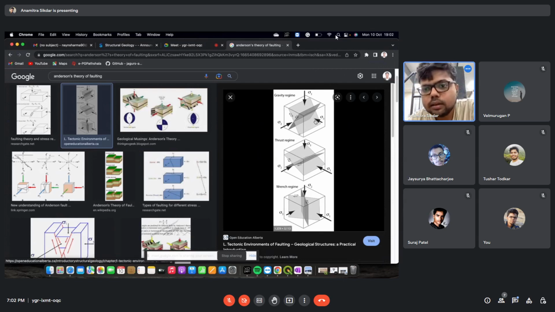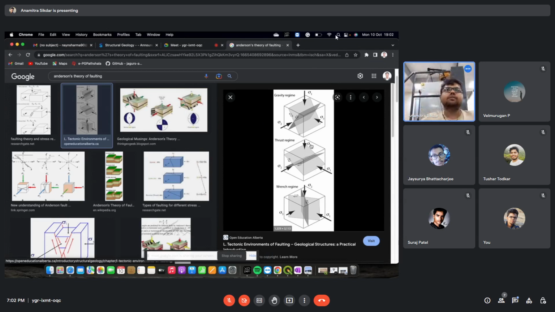right? So in case of thrust regime, sigma 3 is vertical, because this will be the x direction. So x, y, and z are strain axes, and sigma 1, sigma 2, sigma 3 are stress axes. Anderson's faulting theory is always explained with the sigma 1, sigma 2, and sigma 3 stress axes. So sigma 3 will be vertical in case of thrust regime because sigma 3 is least.